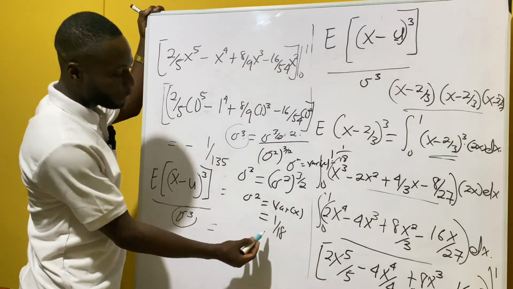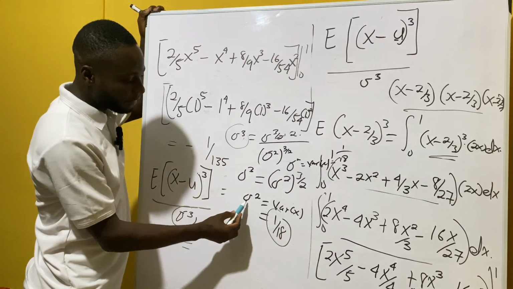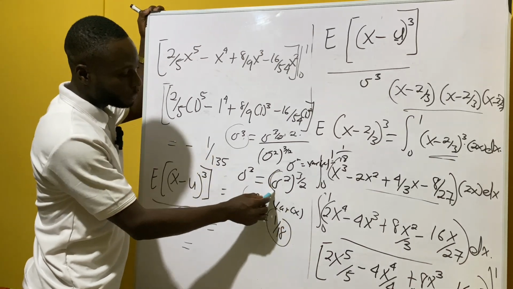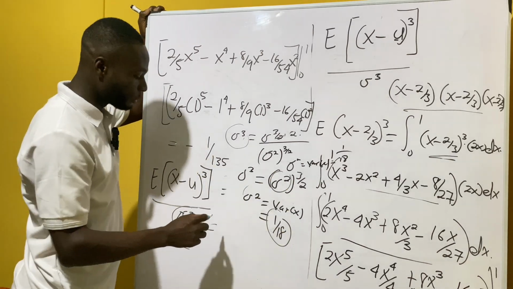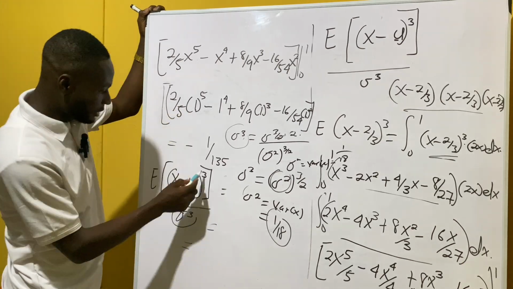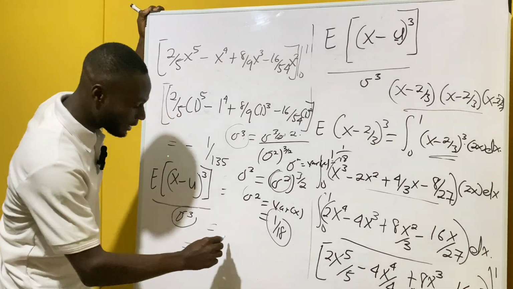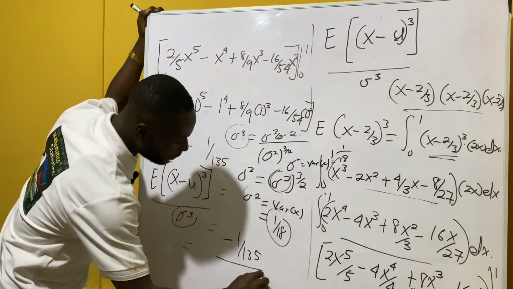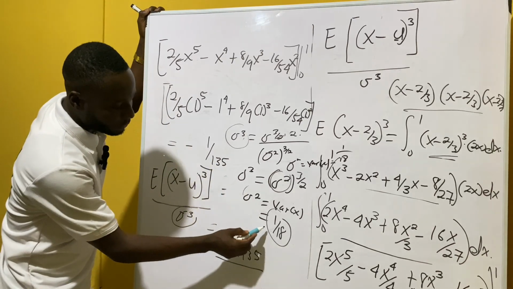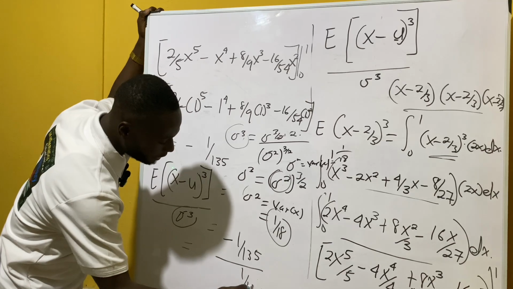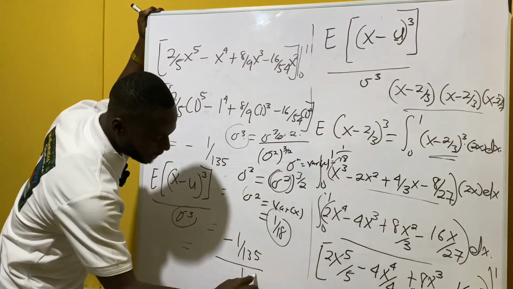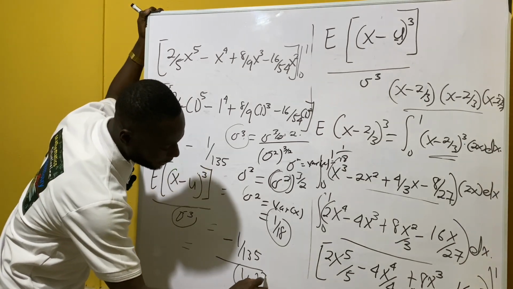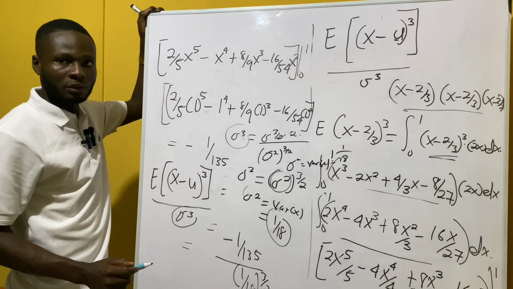So we substitute: the numerator is negative 1 over 135, all over 1 over 18, to the power 3 over 2.